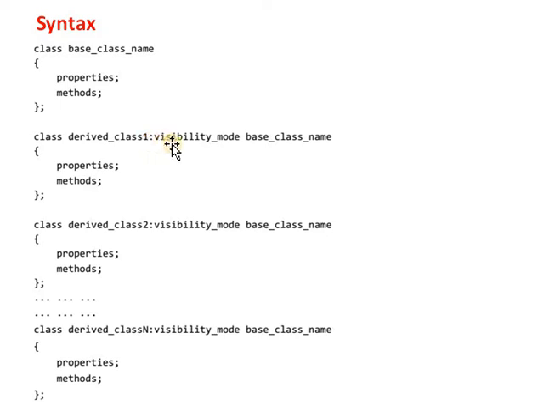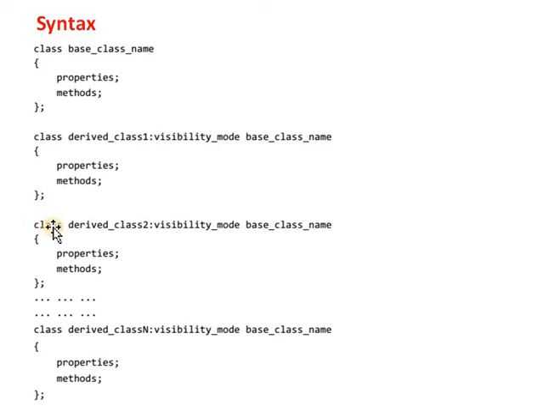After the colon operator, we specify the visibility mode. That visibility mode is either public, private or protected. Then after the visibility mode, we specify the base class name. Then again we write the properties and methods related to that first derived class.